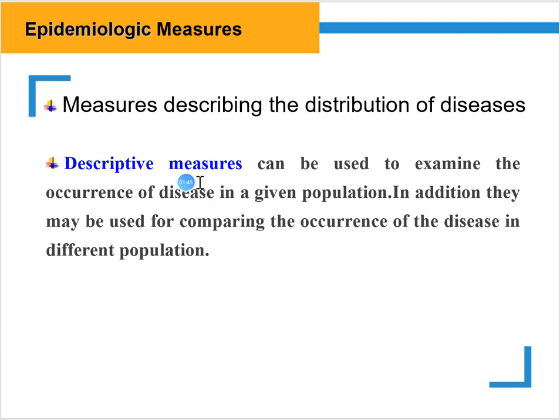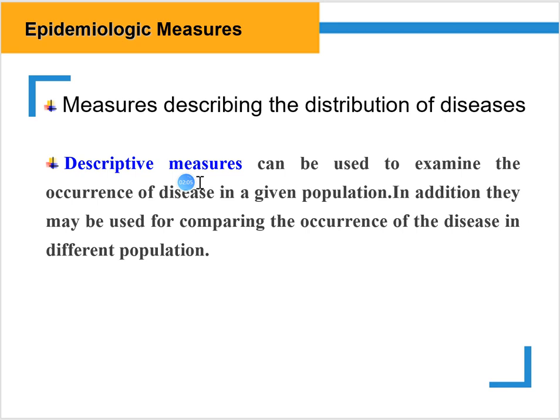And then, how to describe the distribution of disease, that is, what measures can be used to describe the distribution of disease. Some descriptive measures can be used to examine the occurrence of disease in a given population.